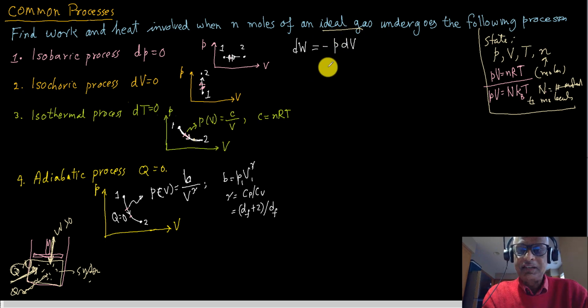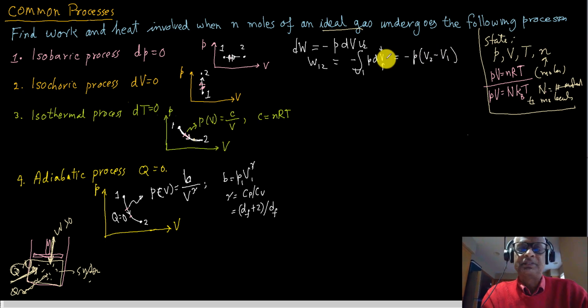And when we integrate it, W from 1 to 2 is the integral of minus P dV from V1 to V2. In this process P is constant, so P comes out, and minus P (V2 minus V1) will be the answer.